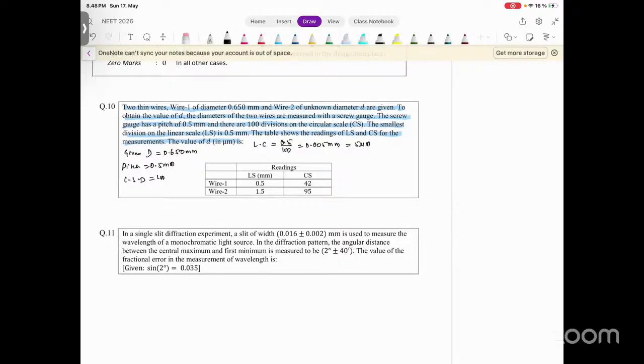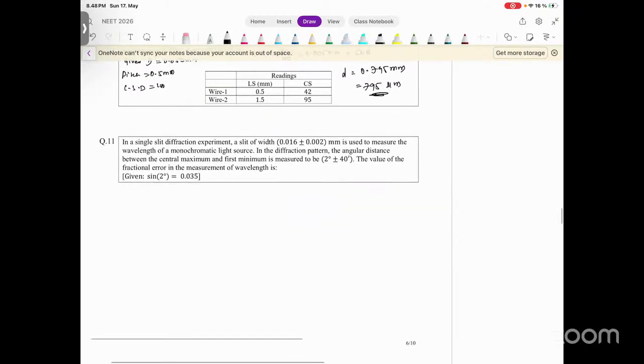The value of D in micrometers is asked, so D will come out to 0.795 mm. That means 795 micrometers must be the answer. I think that must be the answer for that question.